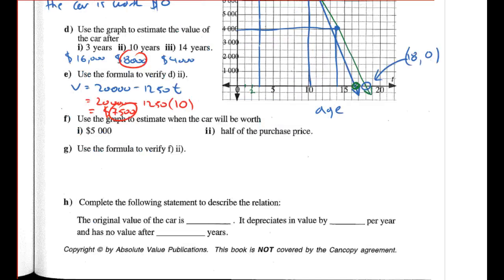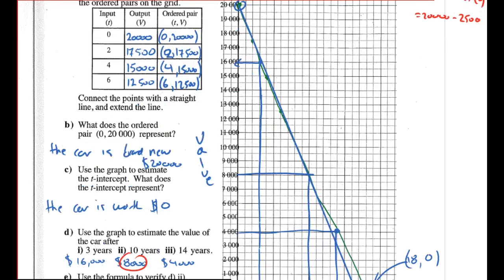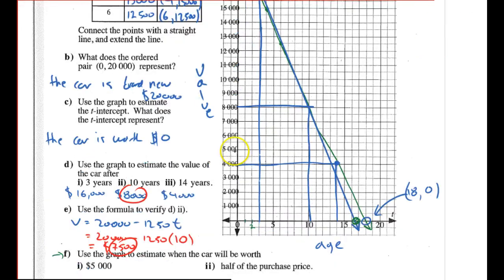Use the graph here. Let's work backwards now for F. It says use the graph to estimate when the car will be worth $5,000. So this is working backwards. I'm going to use my black pen for that. I find $5,000, and that's right here. I go to my graph, the one in blue now, and then go straight down.